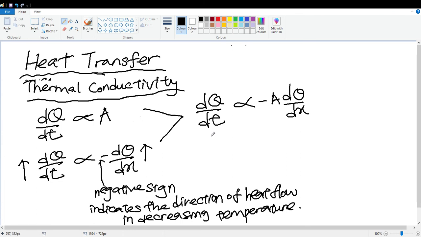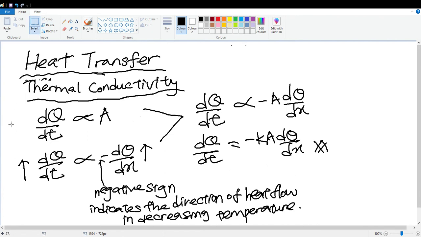In terms of an equation, dQ over dt equals negative k A d theta over dx. This is the formula for the rate of heat flow.